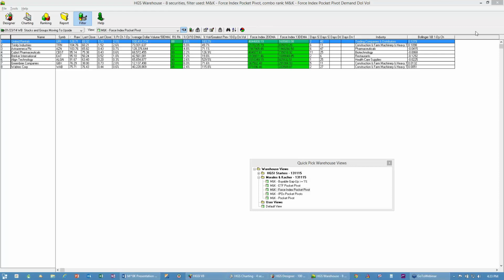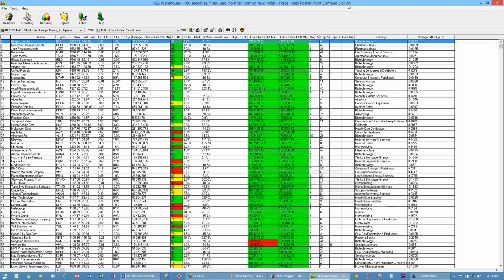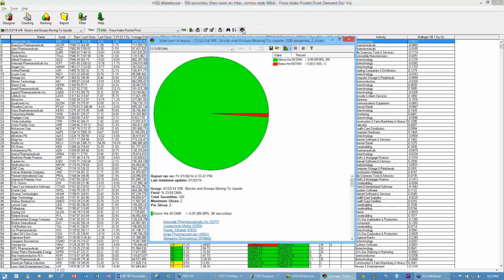Let me show you one more thing, and then I'm in the stocks and groups moving up. This is another feature. I'll just take the filter off here. This is a feature that I use every day, and you can do it too. It's a spectrum analyzer.